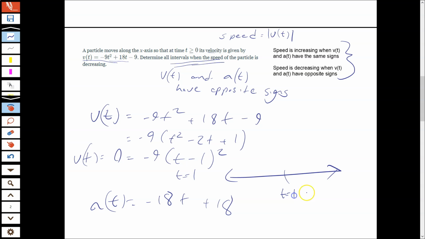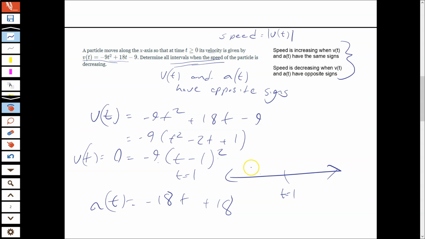Then we just have to check two values. I'm going to plug in 0 on the left. Careful here. 0 minus 1 is negative 1, and then PEMDAS, so squared is next. Negative 1 squared is positive 1, times negative 9 is negative 9.